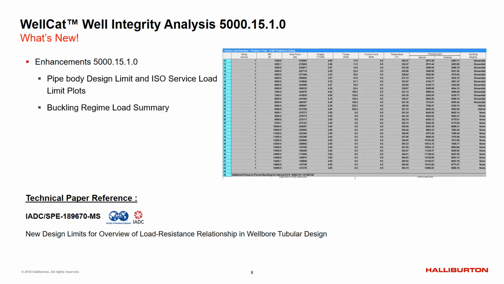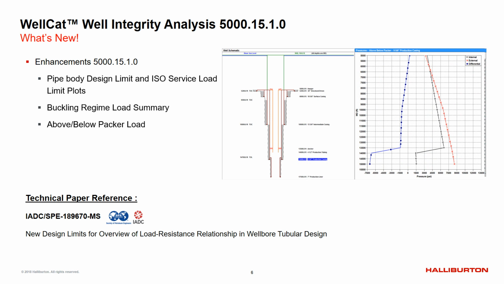Also, we added to the summary results of loads the buckling regime status. And finally, we added a new load for Wellcat, named above-below packer load. This is a classic StressCheck load that is now supported in Wellcat.